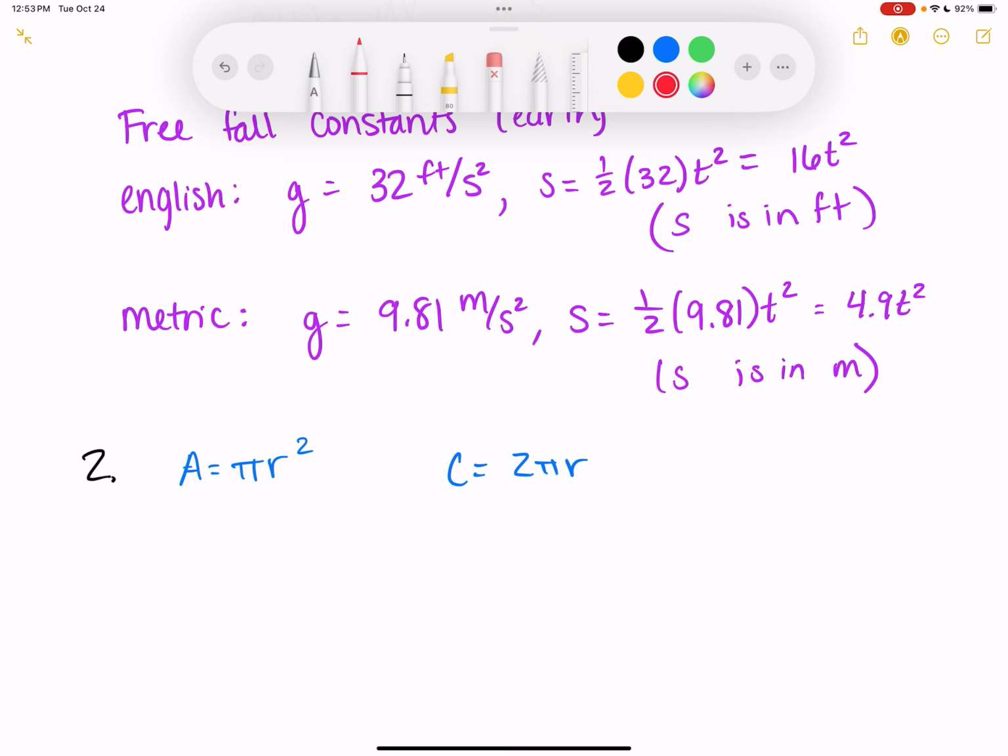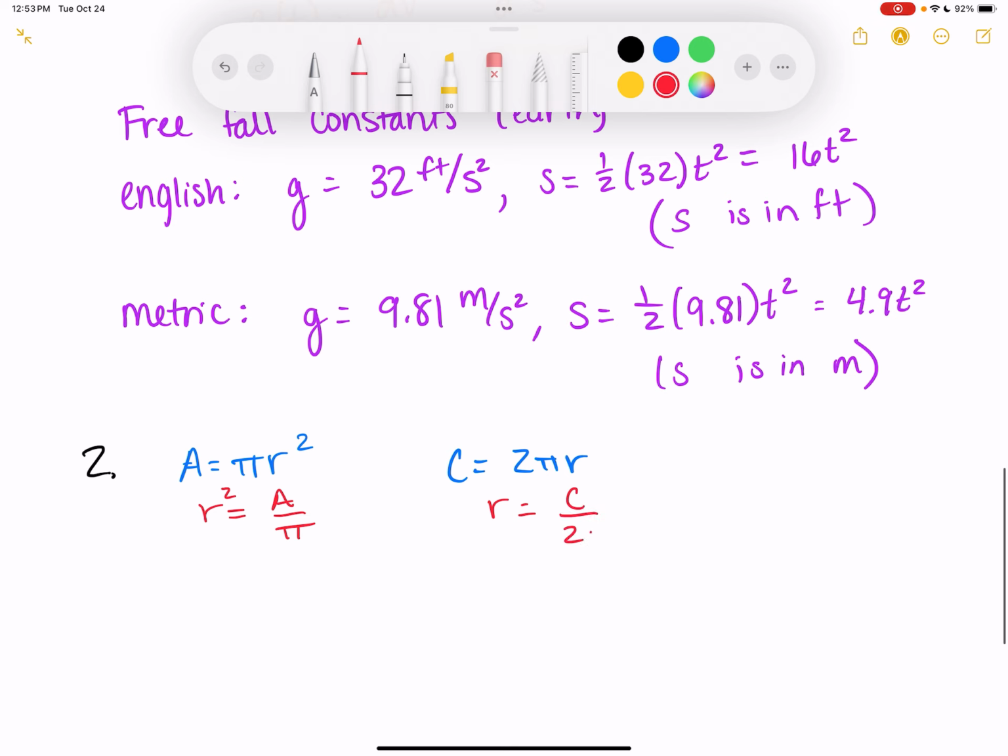So, R is what? We've got to separate it. Or R squared is A over pi. What's R over here? R equals C divided by 2 pi.